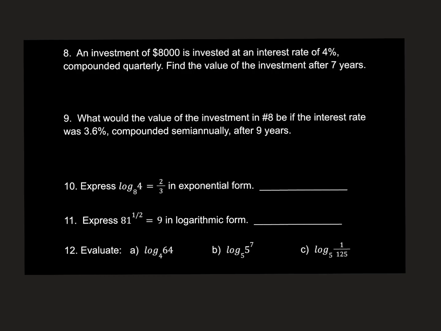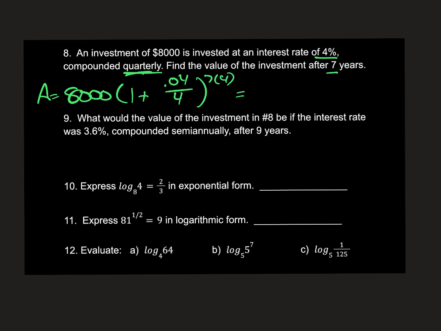Number 8. An investment of $8,000 is invested at an interest rate of 4%, compounded quarterly, which is important. How much is this worth after 7 years? So I'm going to say the final amount is the principal, 8,000, times 1 plus r over n. The rate is 4%. n is quarterly, which is 4 times a year. And my exponent is going to be 7 times 4, or 28.